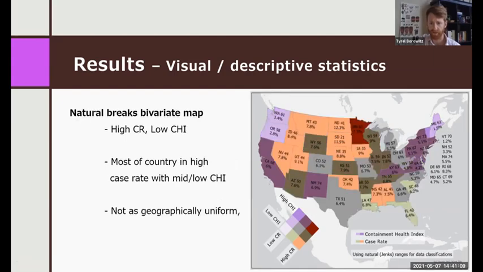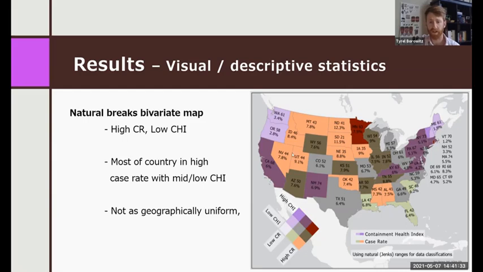The other map uses natural breaks, and this really focuses on states in that low containment health index and high case rates. So kind of the opposite, states that didn't do very much policy-wise and had a lot of their population infected. And you can see there's not just a couple of them, there's actually a handful of them.